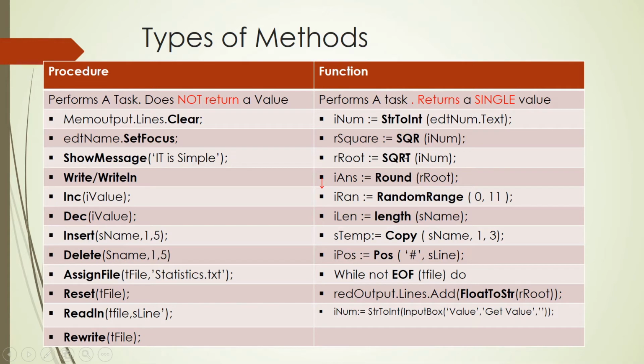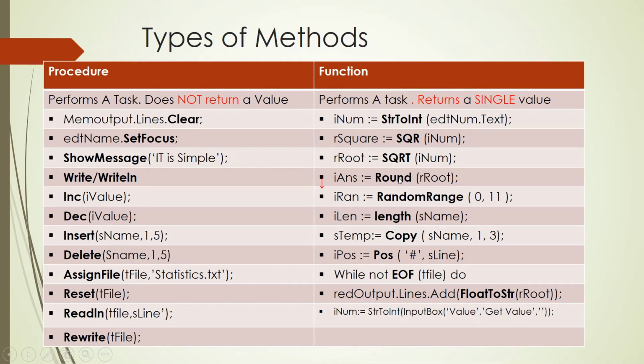In the second example, SQRT again finds the square root of iNum, returns the value, the square root of the number, in a variable called rRoot. So when a function is called, it is always called with another statement. And remember that a function returns a single value.